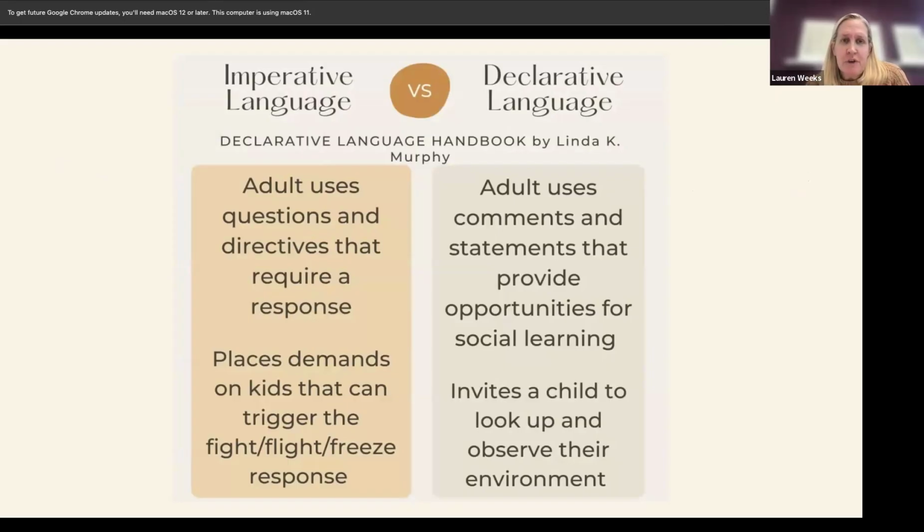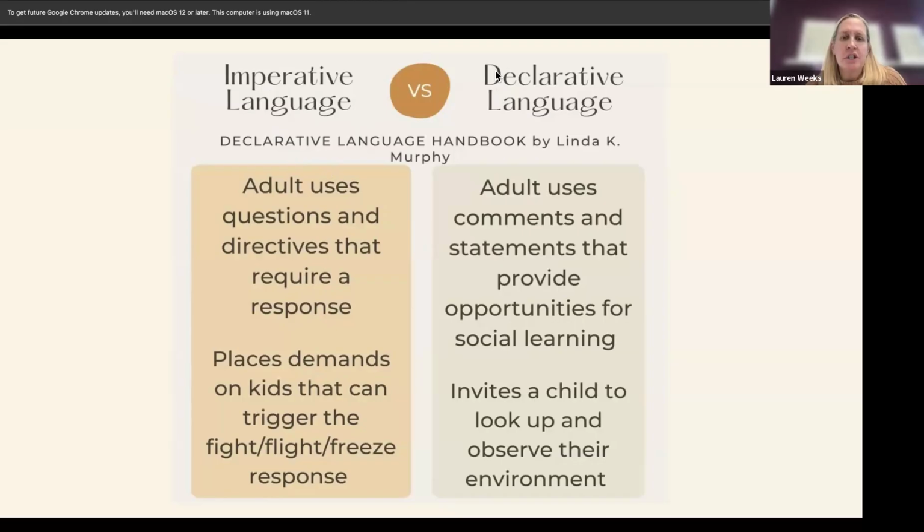I always say the first step in becoming more of a declarative language user is to notice how much you're using language in a demand focused way. Then your language will almost naturally change the more you notice what you're saying and how you're saying it.